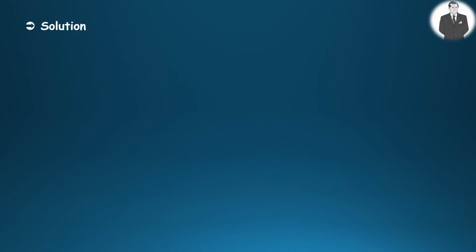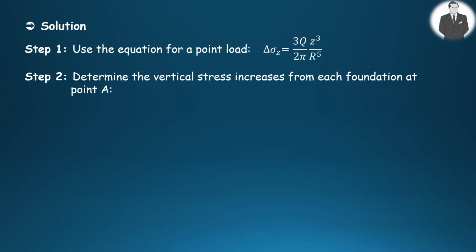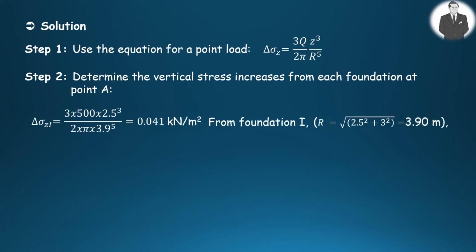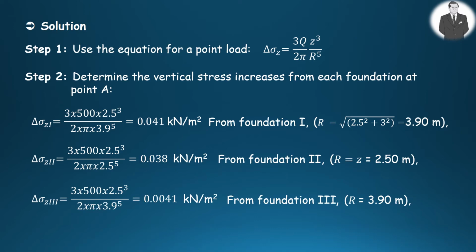In the solution of this problem, the first step is to use the equation for a point load. The second step is to calculate the vertical stress increases from each foundation at point A. These are already done for you. In the equation, we know the value for point load and the depth of the point under consideration.